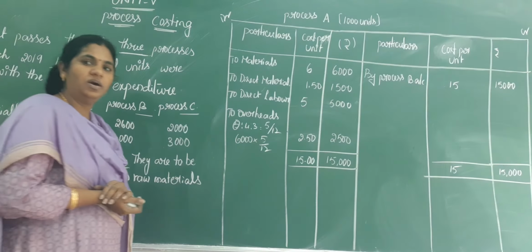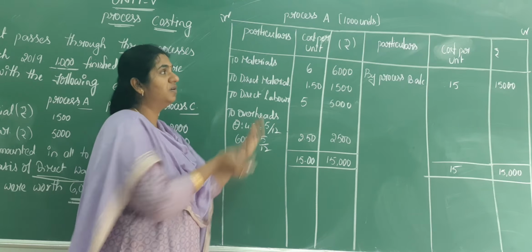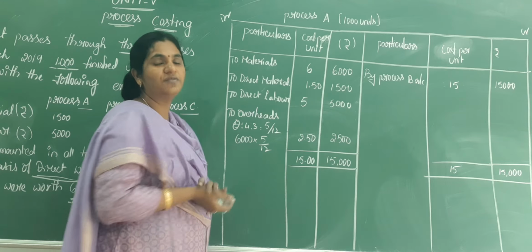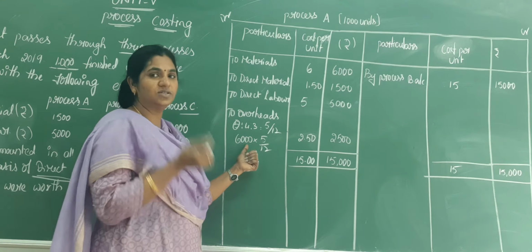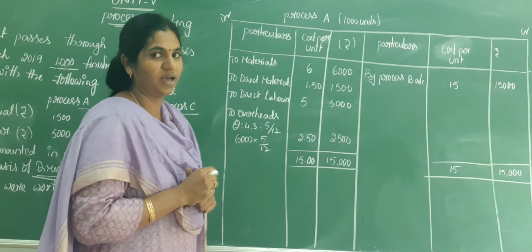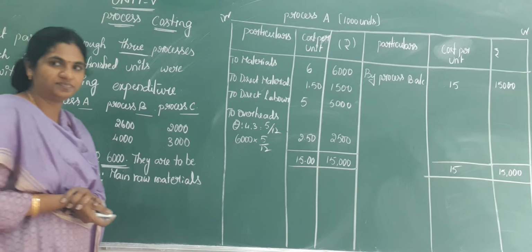When overall overheads are given, we need to find out how much is incurred for process A. So overall overheads are 6000, and a statement is given in the problem that we need to apportion these overheads on the basis of direct wages.